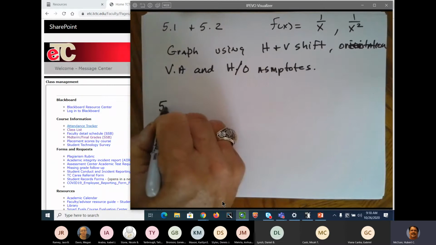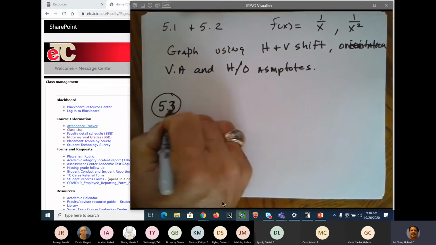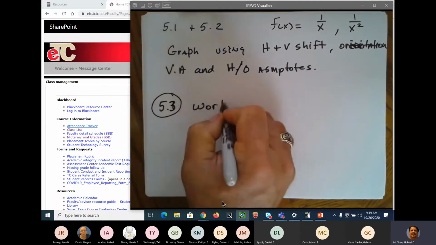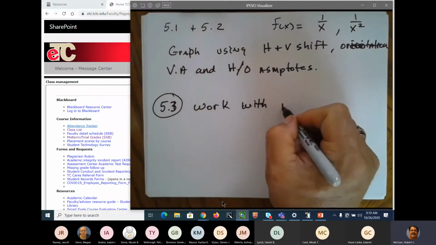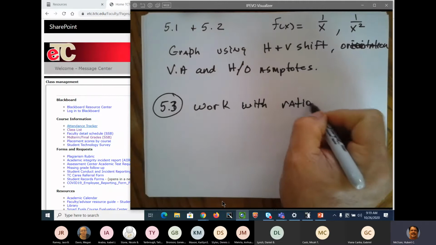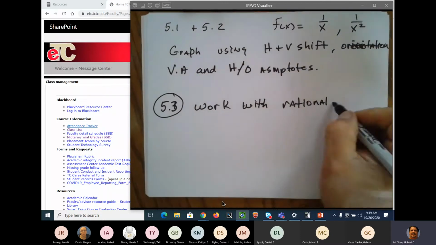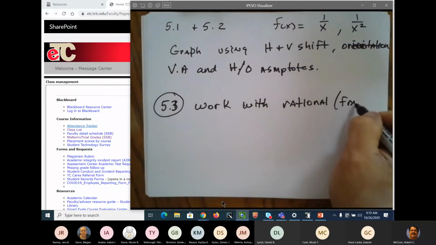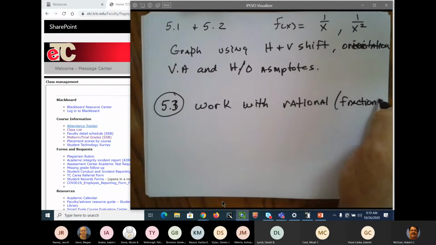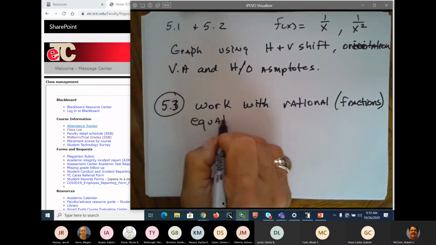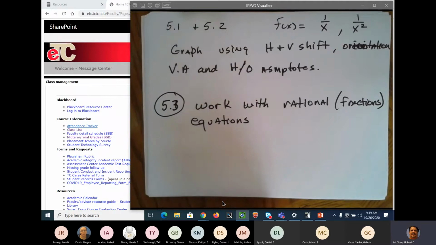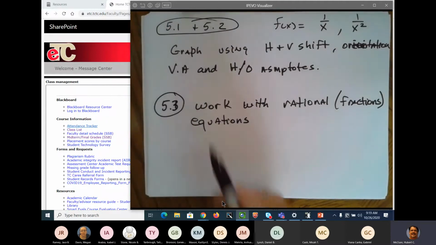In 5.3, we're going to actually work with rational equations. And what's another word for rational? Fractions. I always think it helps a student to know what we're doing and what we're going to do.